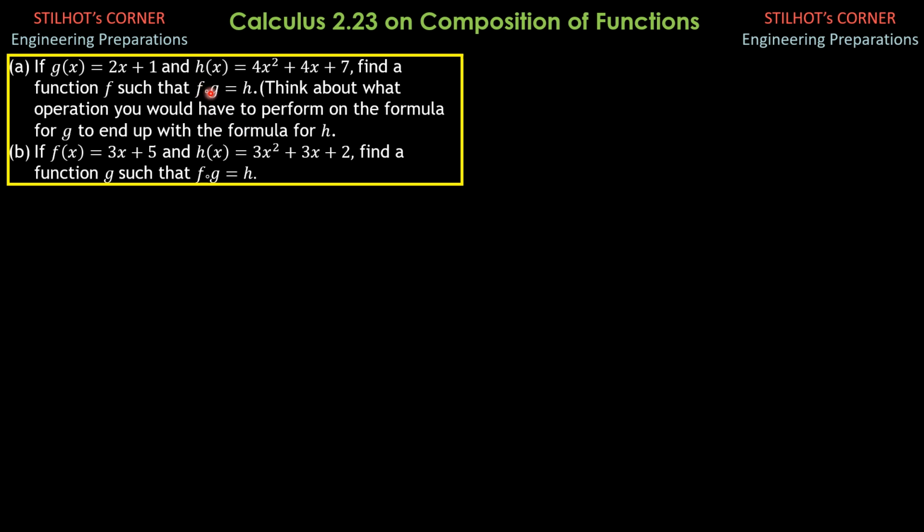For the first part, since f of g is h, then h of x is something squared plus 4x plus 7. We are sure that f of x involves the square of this, since the square of 2x plus 1 is 4x squared plus 4x plus 1, and we need 7.